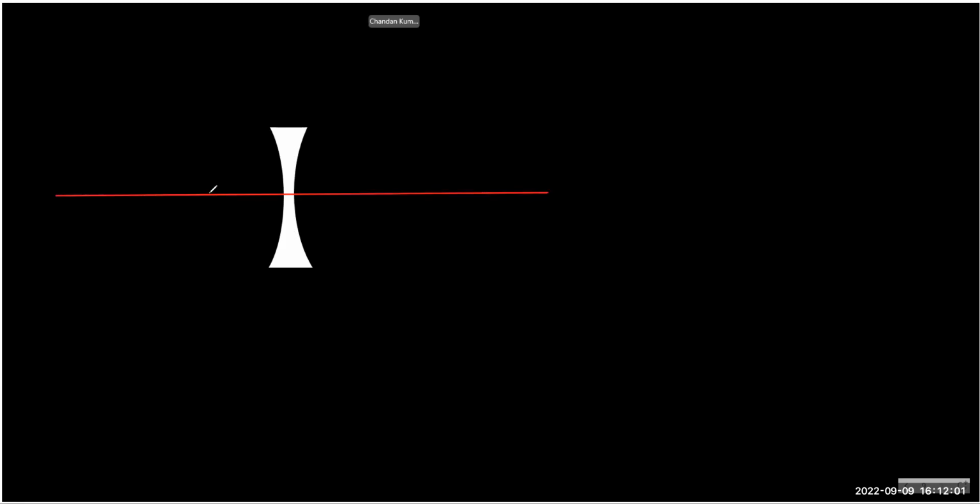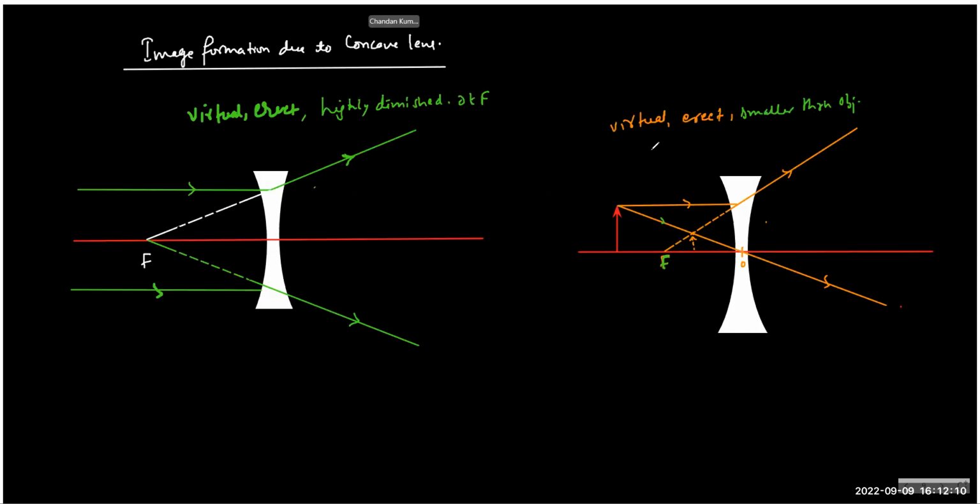So now let's say the object itself is at F. Here nothing will happen. All images will be between F and O. That's it.